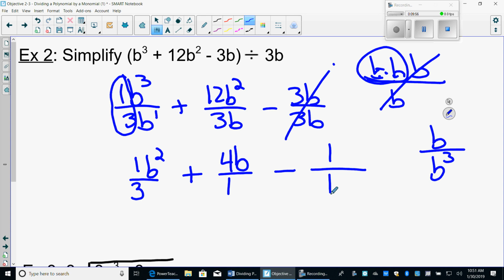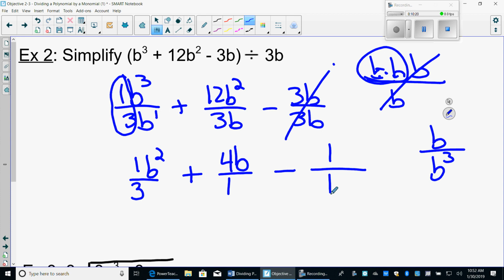When you're multiplying and dividing, right? Anything times 1 is itself. Anything divided by 1 is itself. But if I subtract 1, will it change this amount? If I have this amount and I take 1 away from it, does it affect the problem? Yes, it does. It makes it 1 less, correct?